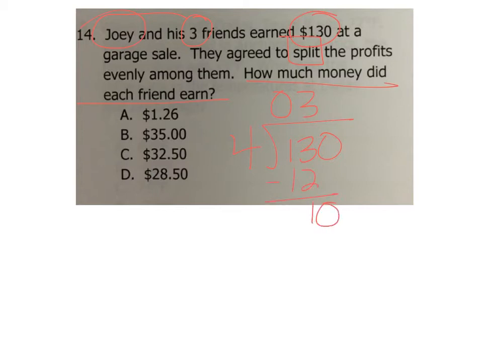Subtract and bring down. 4 goes into 10, 2 times. 2 times 4 is 8. 10 minus 8 is 2. You would need to add a decimal and a 0 to bring it down. 4 goes into 20 5 times. So each would earn $32.50.